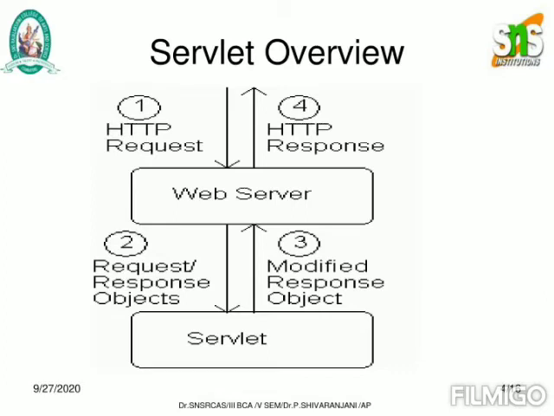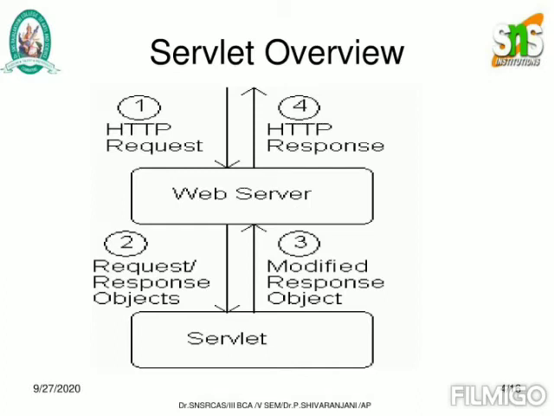So next is the servlet overview. It includes 4 steps. The first step is your HTTP request, that is Hypertext Transfer Protocol request. That request will be from the client side. By the help of the HTTP protocol, the request is transferred to the server.